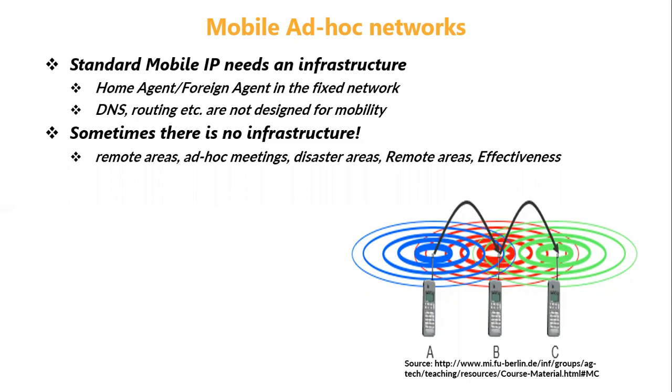The mobile communication or the cellular communication depends on the fixed infrastructure. Through the fixed infrastructure only the communication happens. But at some times we want to communicate when there is no infrastructure. For example, sometimes you may need an instant infrastructure because of some unplanned meetings or spontaneous interpersonal communication.